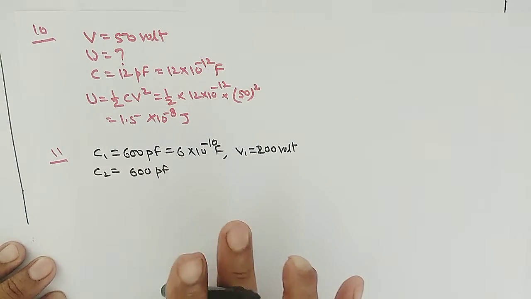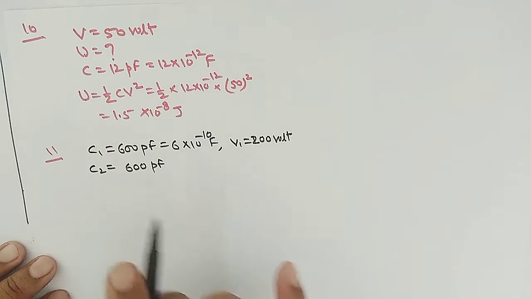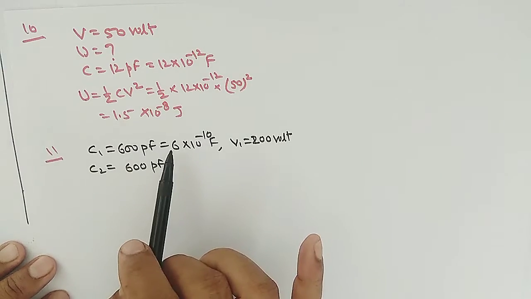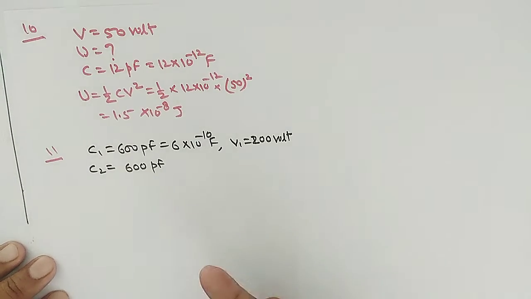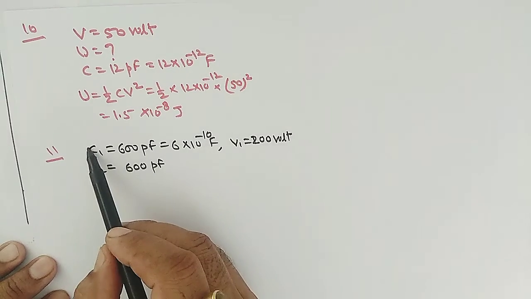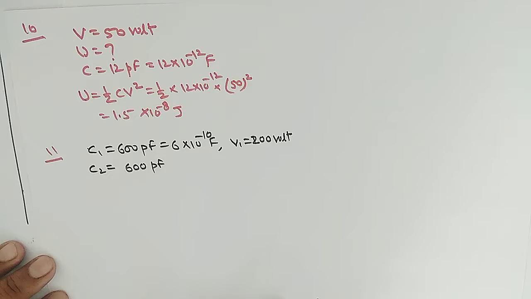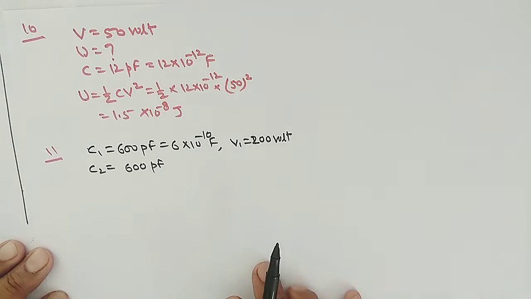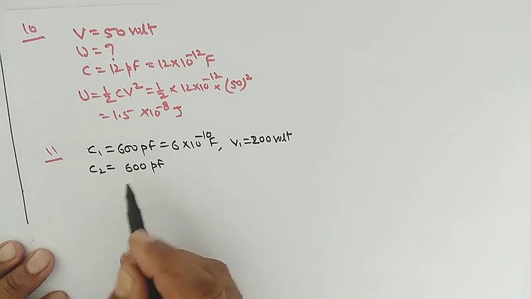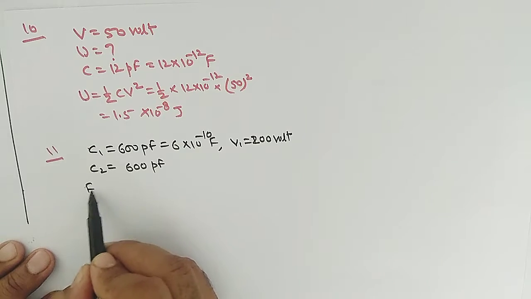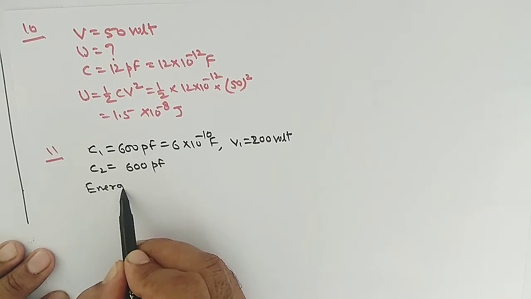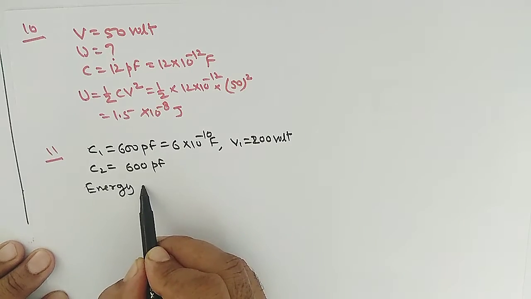To solve this question, first of all we'll find the initial energy, and then the energy when this capacitor is connected with the second capacitor. The energy will change, so we'll find the change in the energy, which is the loss of energy. First, see the energy stored in the first condition.